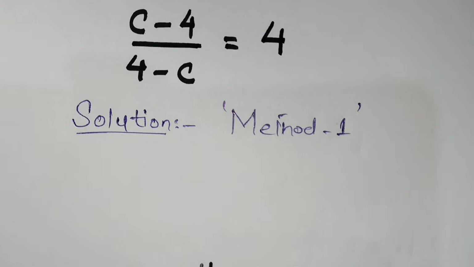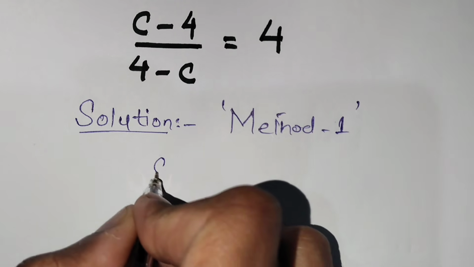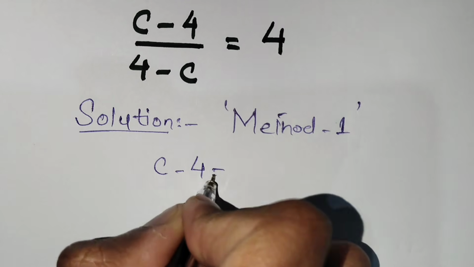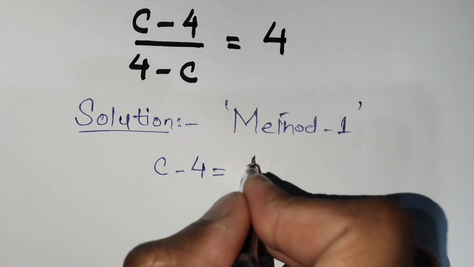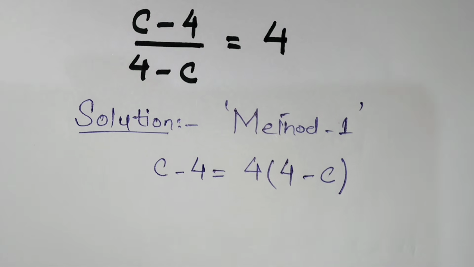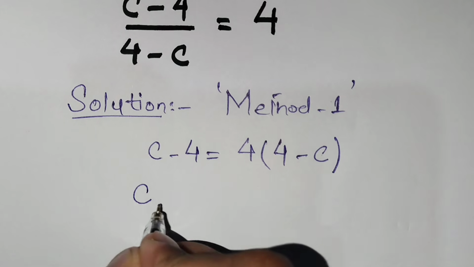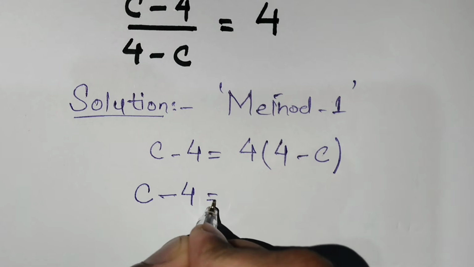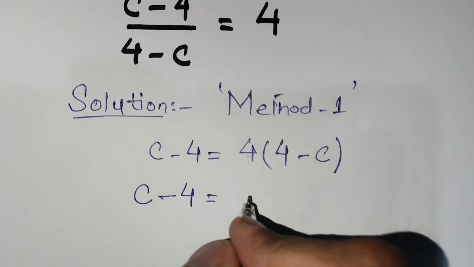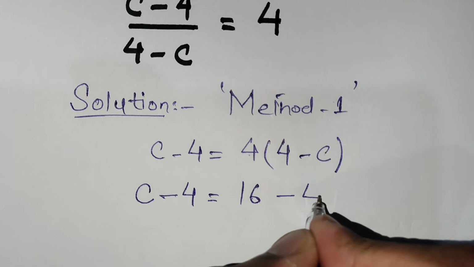In method 1 we will start by the cross multiplication. So it will be c minus 4 is equal to 4 times (4 minus c), or c minus 4 is equal to 4 times 4, which is 16, minus 4 times c, which is 4c.